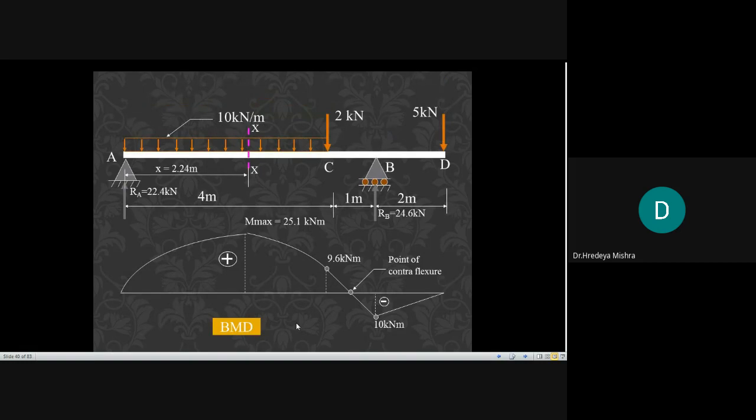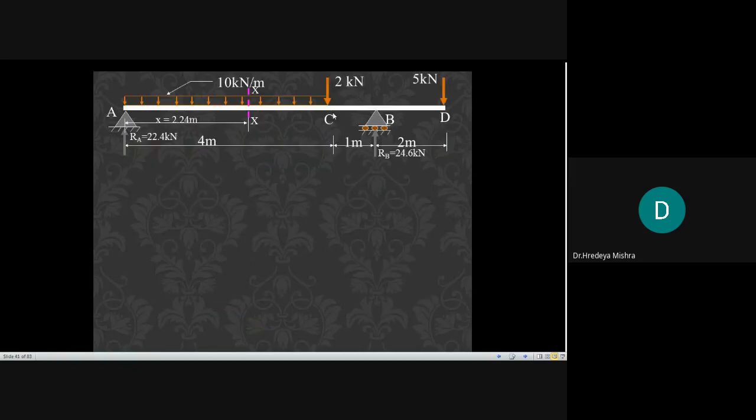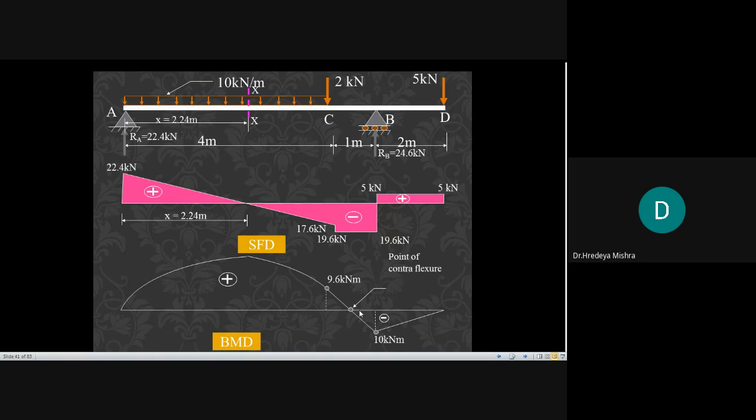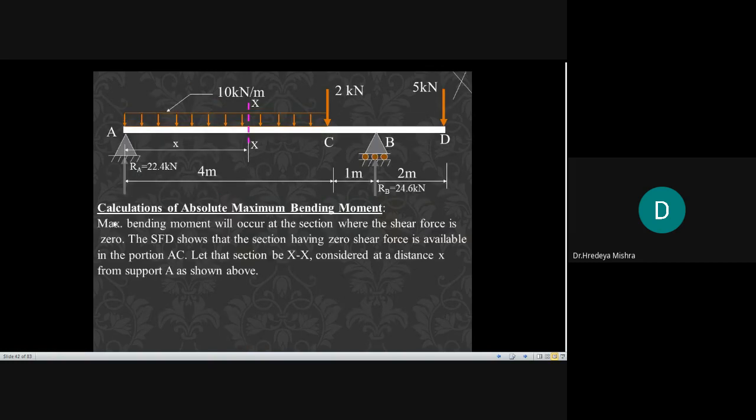Okay, students, now the contraflexure point occurs here again. So we have to calculate the position of the contraflexure point here. Now see, we are choosing the position of the x-axis contraflexure point. Similarly, maximum bending moment will occur at the section where shear force is zero. The section having zero shear force is available in AC, and we consider the x section at a distance from A as shown above.